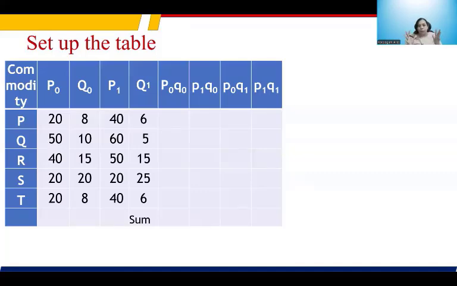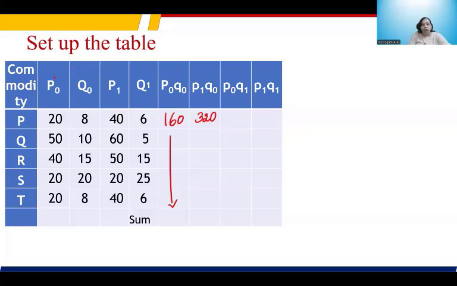First, we are going to set up the table. This is the first process. In setting up the table, we have the four variables here. P naught and Q naught, which is 20 into 8, 160. Then the second one, P1 Q naught, which is 8 times 40, which gives 320.